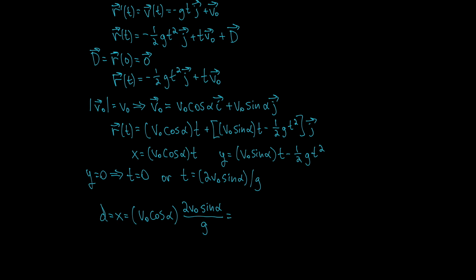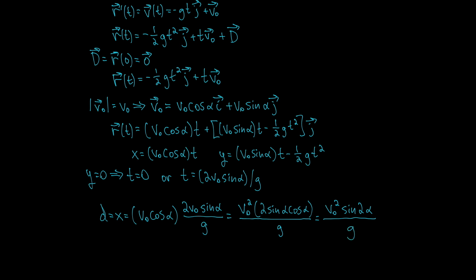So we've got v naught, so that's v naught squared. And then we've got 2 sine alpha cosine alpha over g. And if we want, we can use our trig identity. Remember, 2 sine x cosine x is sine of 2x is a better way to say it. So this is just sine 2 alpha, and then over g.